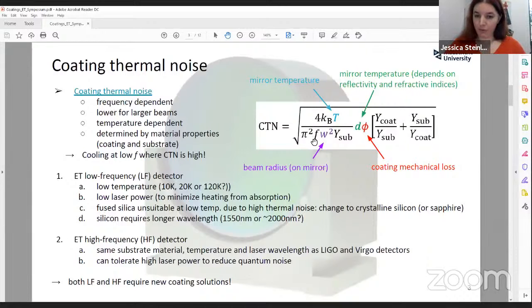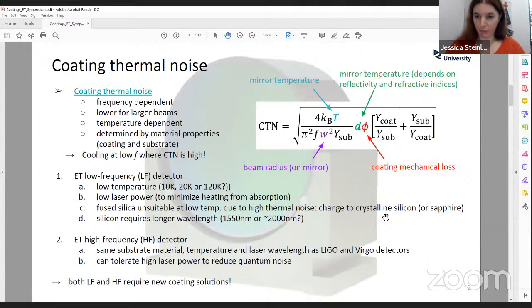So with that frequency dependence, our reduced temperature for ET low F comes in. But the low temperature of ET low F requires a new substrate material due to high thermal noise of fused silica. So we are thinking about changing to most likely crystalline silicon. Crystalline silicon in turn has a low absorption at higher wavelengths than we are currently using.